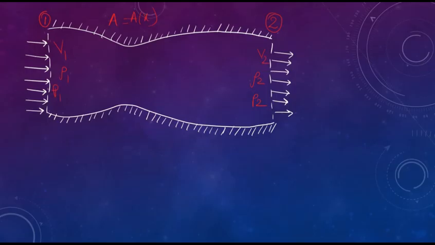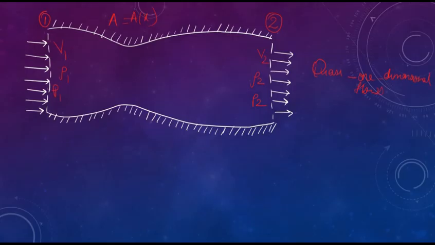Now, such kind of flows where the fluid properties or the flow properties are varying only in the x direction are known as quasi one-dimensional flows.